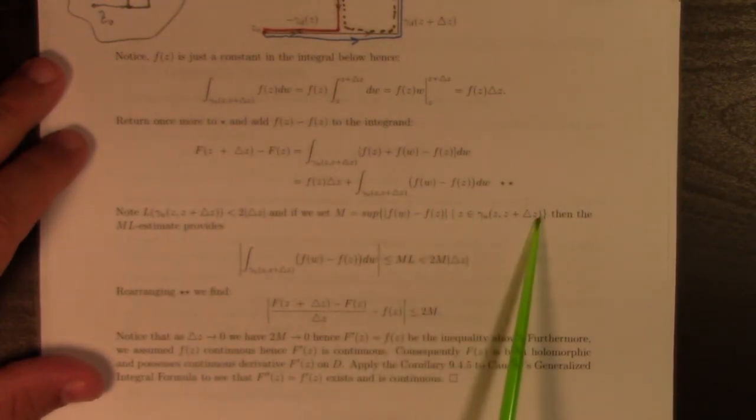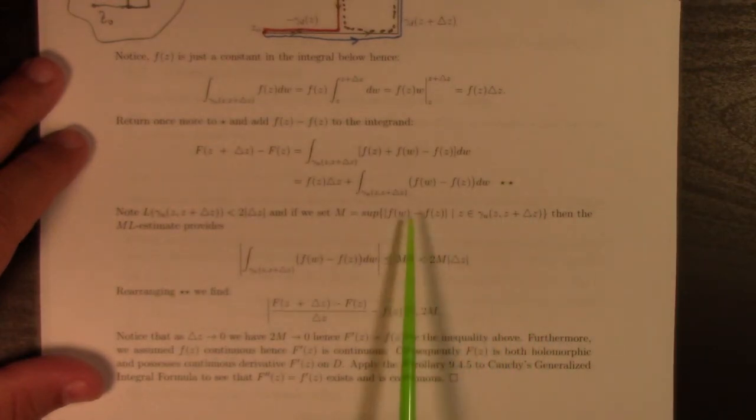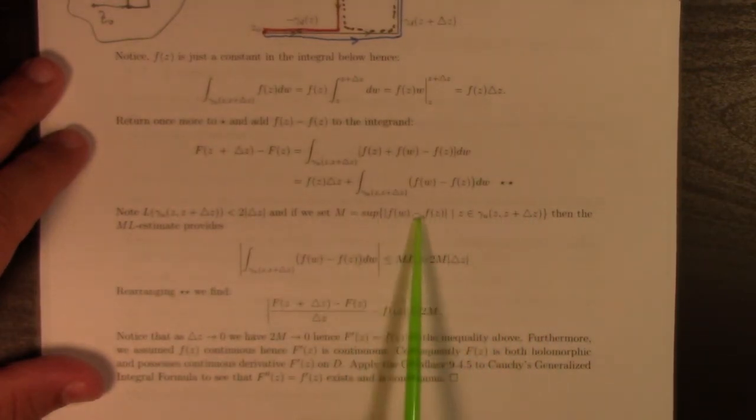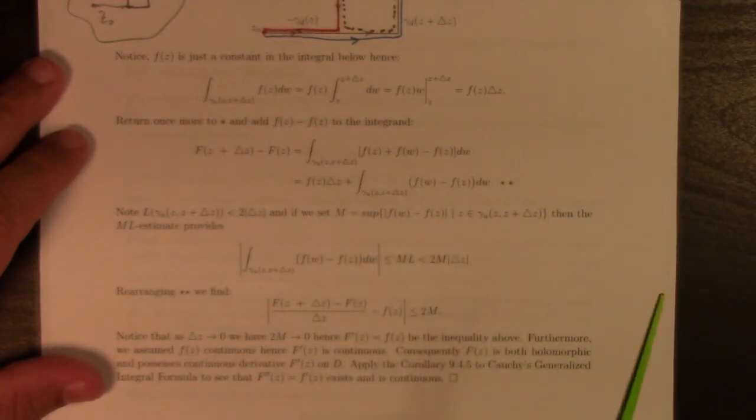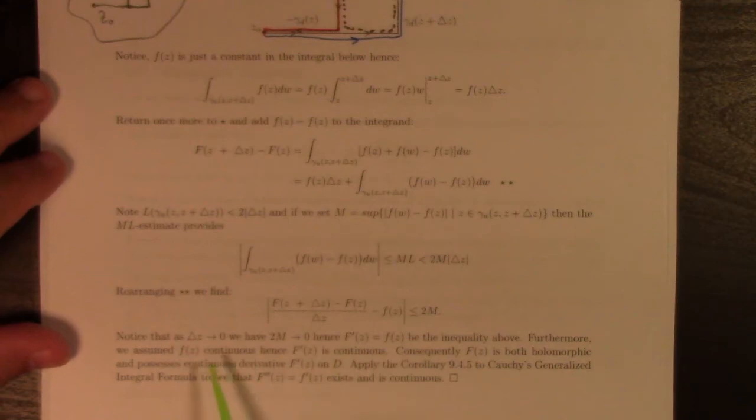What happens as delta z shrinks to 0? Well, this gamma u shrinks to a point, which means M shrinks to 0, clearly, if you look at its construction. And so, as delta z goes to 0, we see that we've got this difference quotient being given by that, which is to say that F prime of z is equal to f of z in the inequality above.